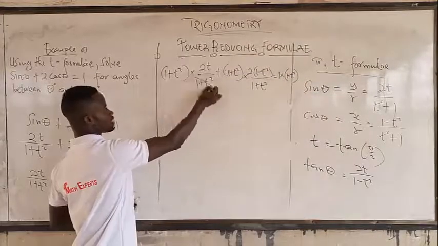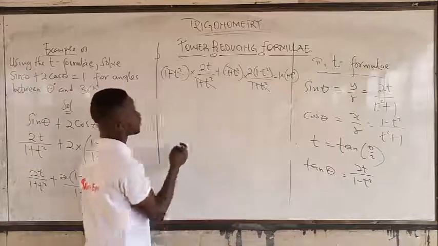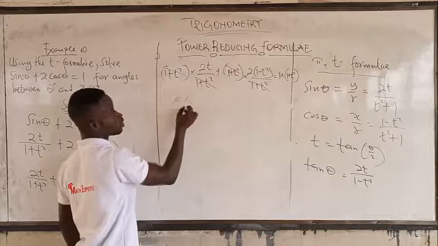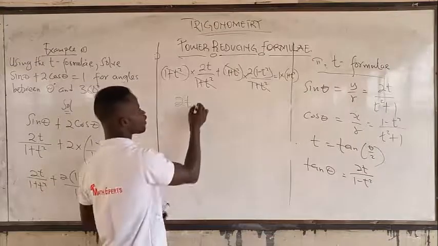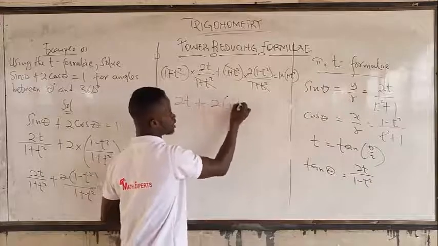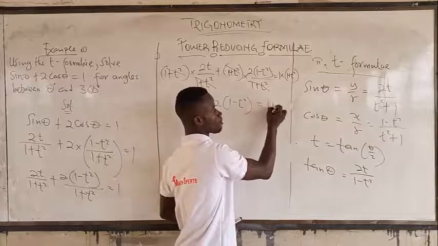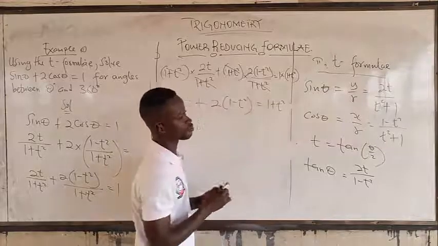So this cancels, this cancels. Then we are going to have 2t plus 2 times 1 minus t squared to be equal to 1 plus t squared.